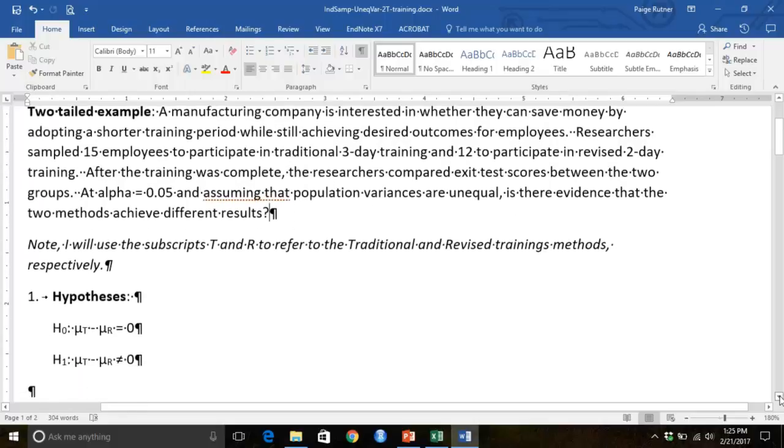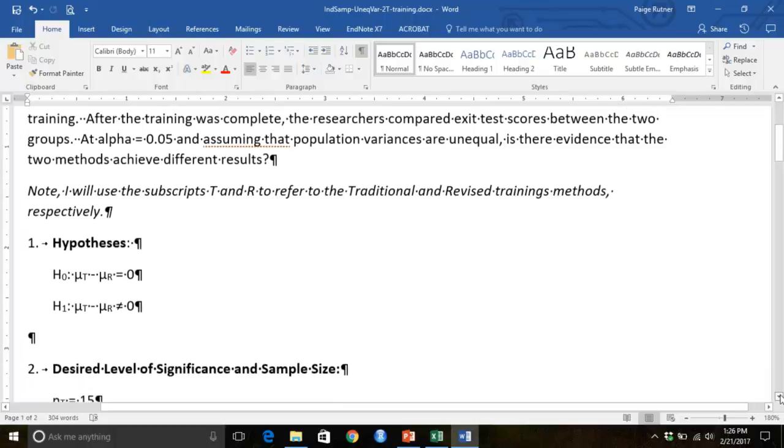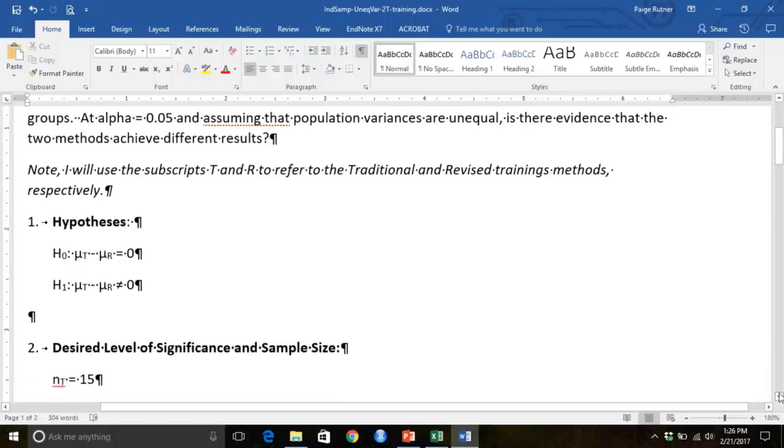Then a note here that in the write-up that I've provided for you, I'm going to be using the subscripts T to refer to the traditional training method, R to refer to the revised training method. I find that using meaningful subscripts like that definitely helps me to keep things straight and avoid mixing up which population and which sample are which.